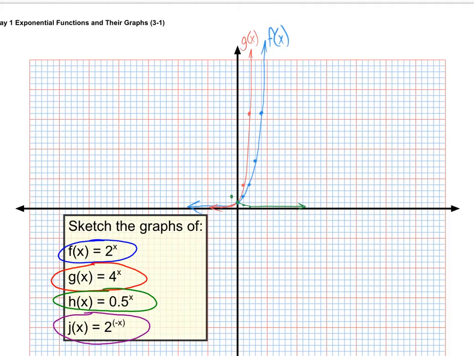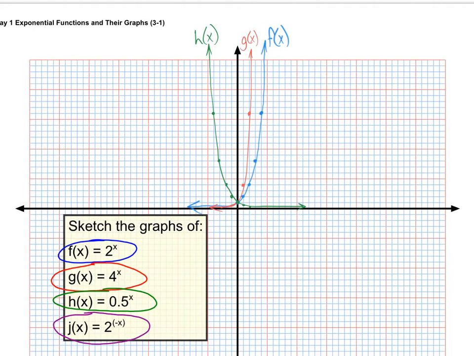And 1/2 to the negative 2 power is 4. So what do you notice about this graph? Same thing, the opposite side. It's the same as f, but it's on the opposite side. It's been reflected, right?